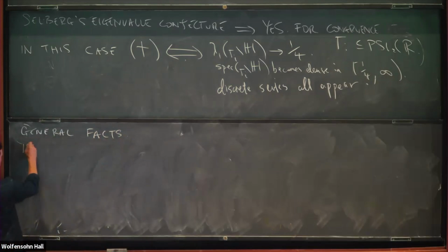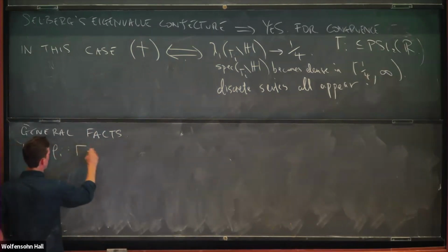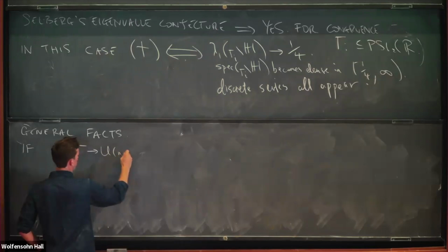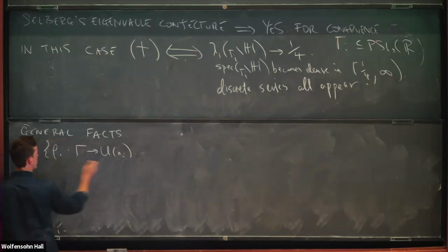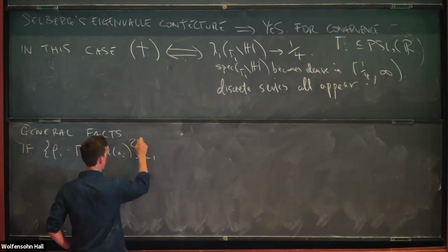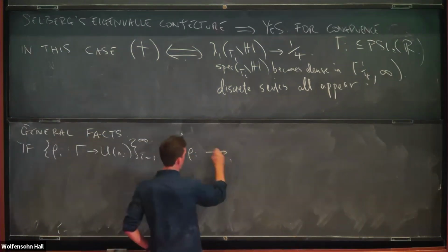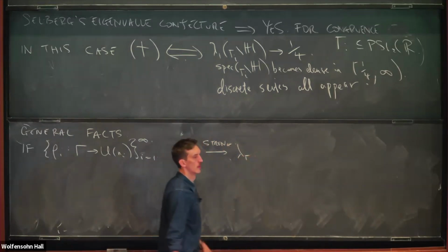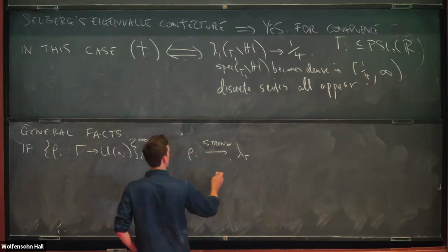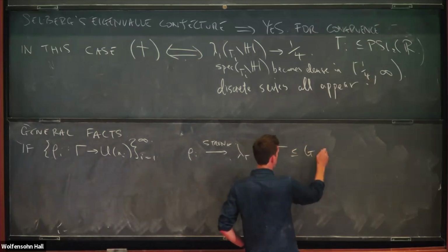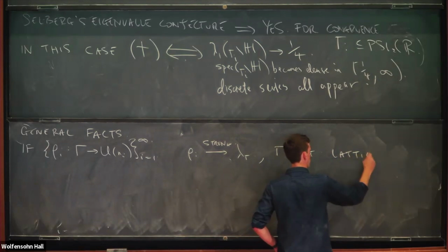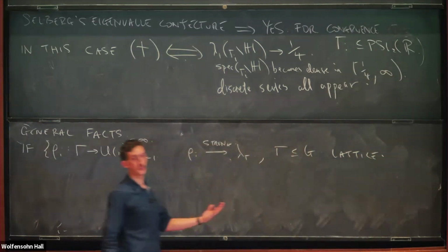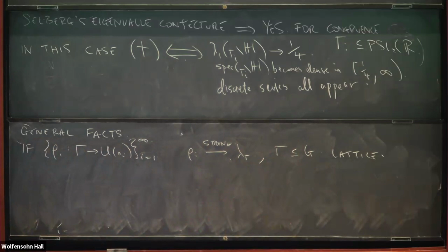If you have a sequence of unitary representations rho I strongly converging to lambda gamma, where gamma is a lattice in G, and you induce these representations, then you get strong convergence of the induced representations.